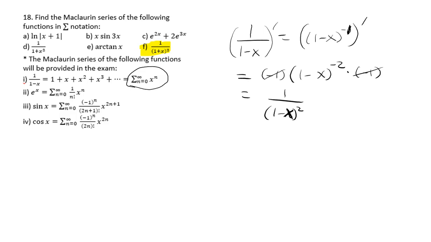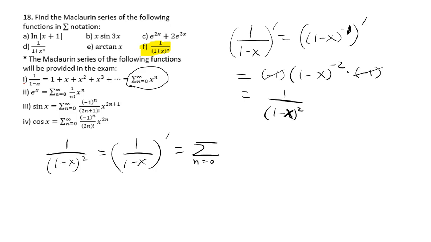So let's try that. We have 1 over 1 minus x squared equals 1 over 1 minus x prime, which is now equal to the derivative of this function, n x to the n minus 1. And now we have the series for this.